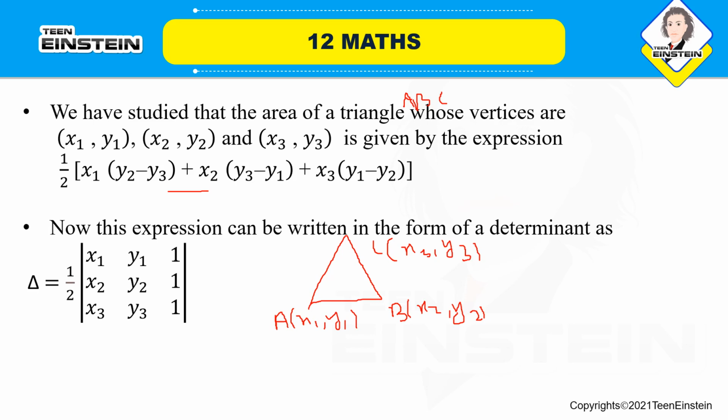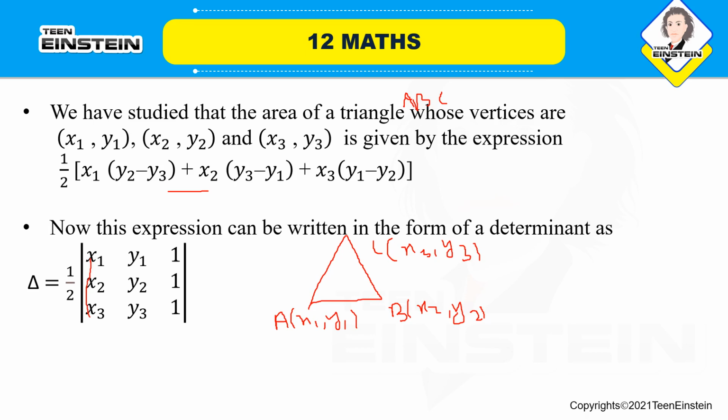Actually, when you expand this determinant, you will get this result. We can check that. Here I am expanding along the first column, since I have the elements x1, x2, x3: x1 into y2 minus y3 plus x2 into y3 minus y1 plus x3 into y1 minus y2.